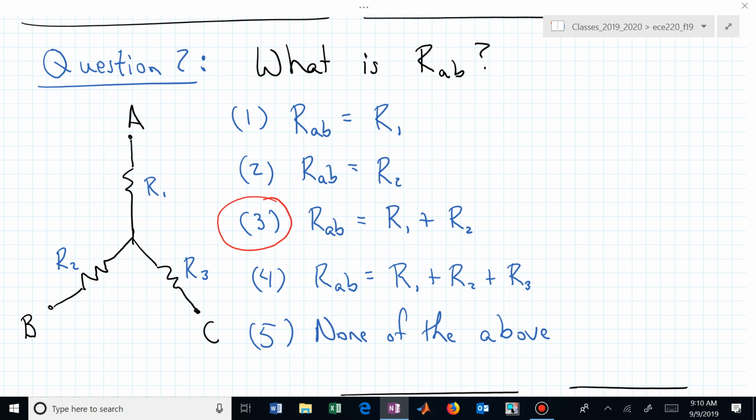Knowing how to obtain those particular resistances between various nodes is how you determine how to convert between delta and Y connections.